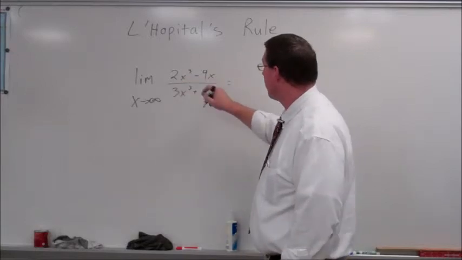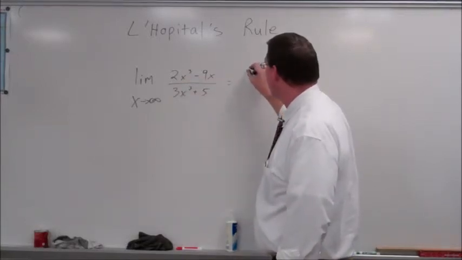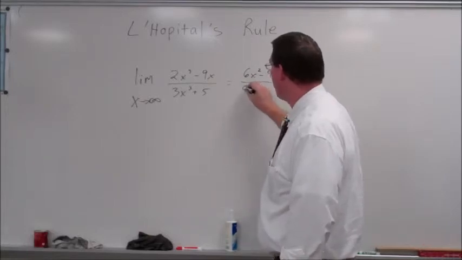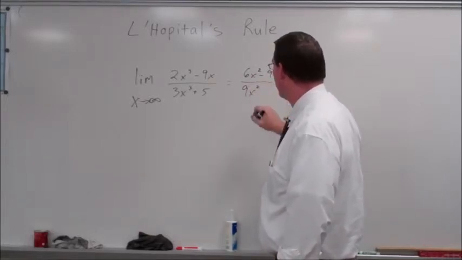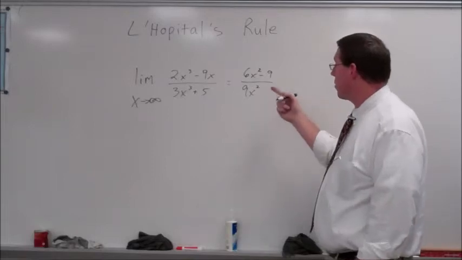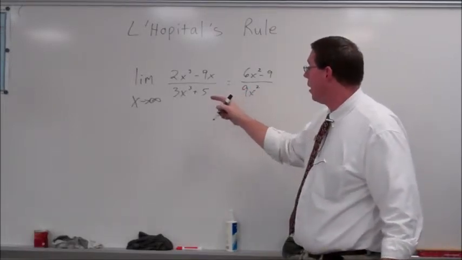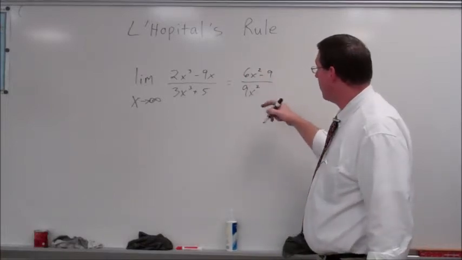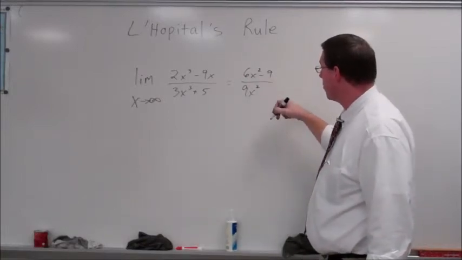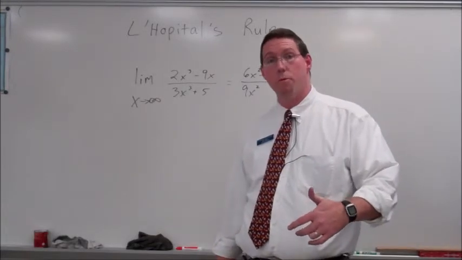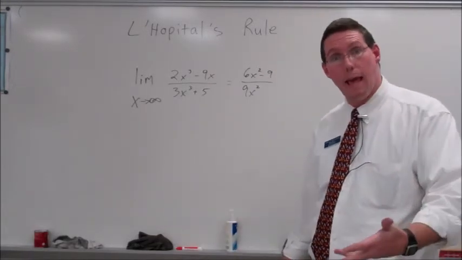When we do the derivative of the top, we will get 6x squared minus 9 over 9x squared. You look at this and say, well, that didn't help me at all, because now when I plug infinity in, I still get an indeterminate form. Well, if you get an indeterminate form after applying L'Hopital's rule, you just apply L'Hopital's rule again.